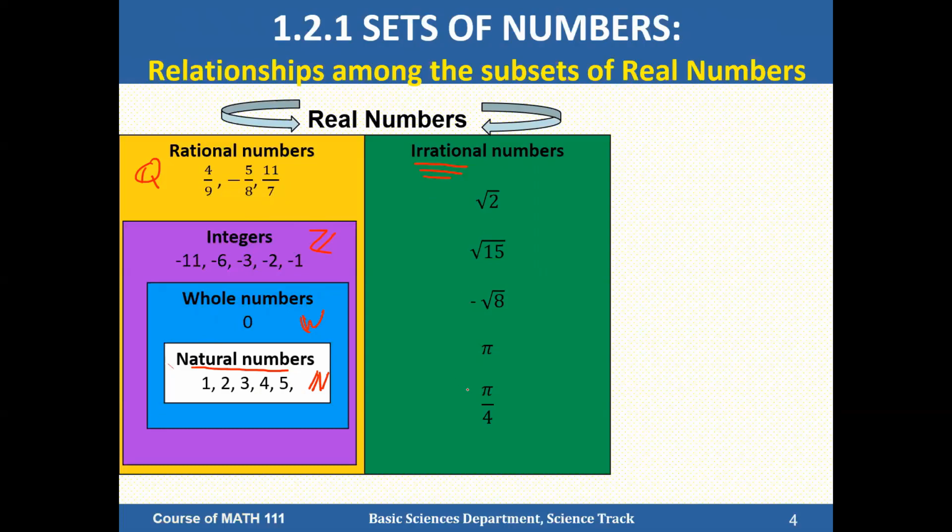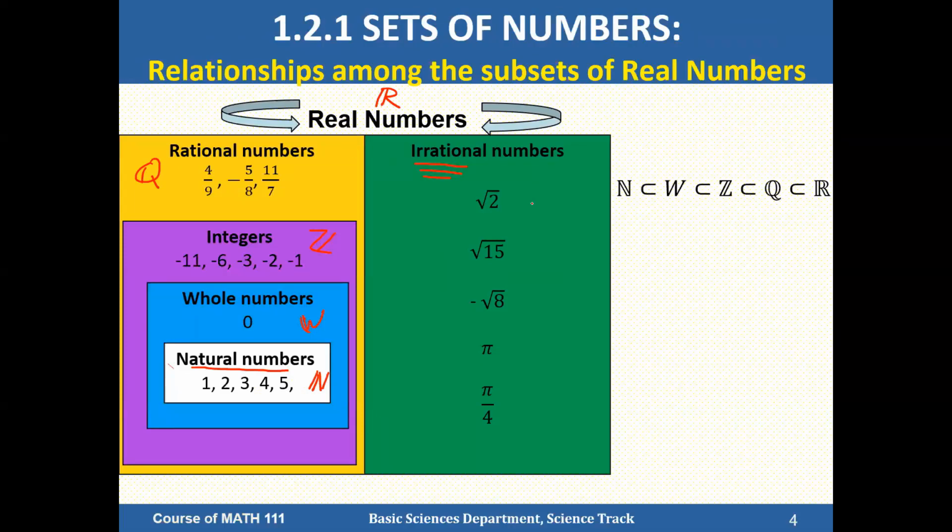These are some examples. And all these numbers form a large set called real numbers, denoted by R. This is not, of course, the largest set of numbers, because there are other types of numbers like imaginary numbers, complex numbers, and so on, which will be studied in next lectures.